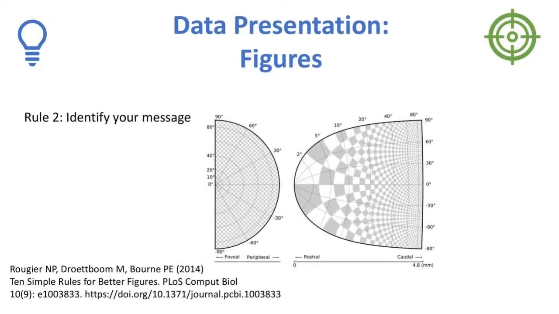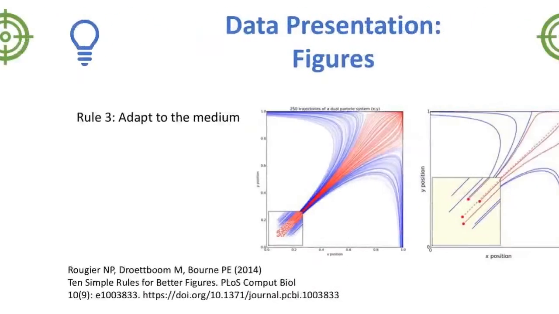So you need to know the message, you need to know how you're going to transmit that information effectively to your audience. Rule number 2 then is to identify your message and make sure that your data presentations accurately and efficiently actually do get your message across.